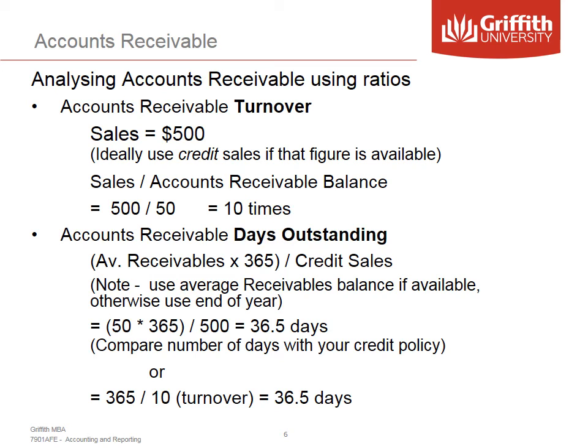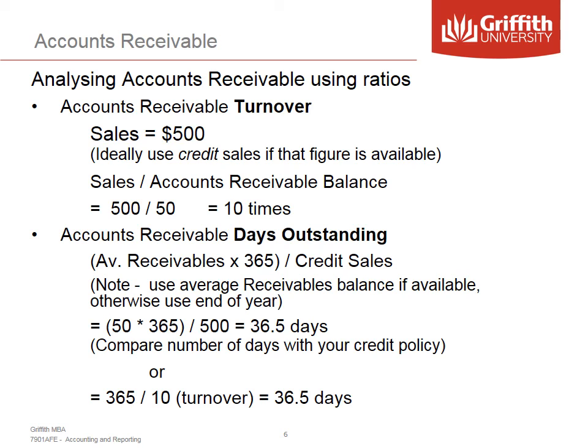Now another way of looking at that is to say, well, there's 365 days in a year, and if I'm turning over my accounts receivable ledger 10 times in the year, then on average, my customers are paying me in 36.5 days. And there's the formula for calculating the number of days on average that are outstanding.